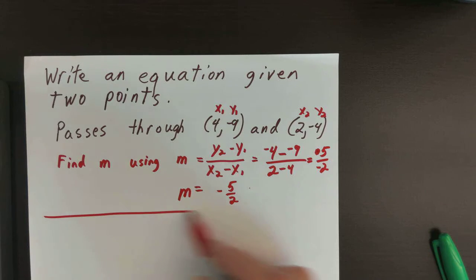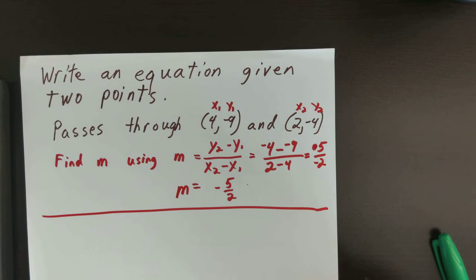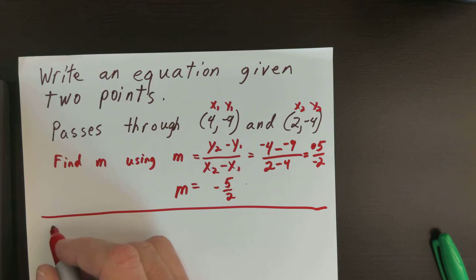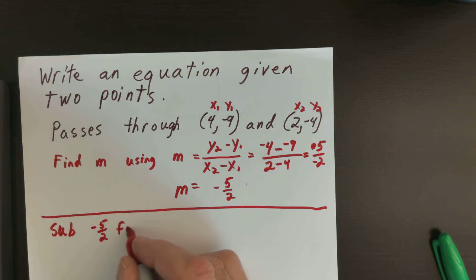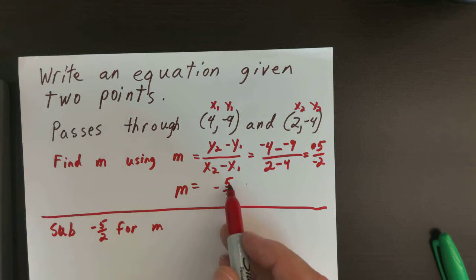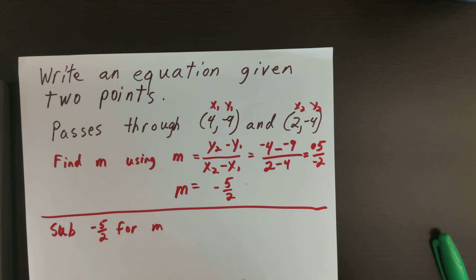Now we're just going to do it like we did on the other one. We are going to substitute, since we found it, -5/2 for m. Now that's not always, whatever m is what we put here.